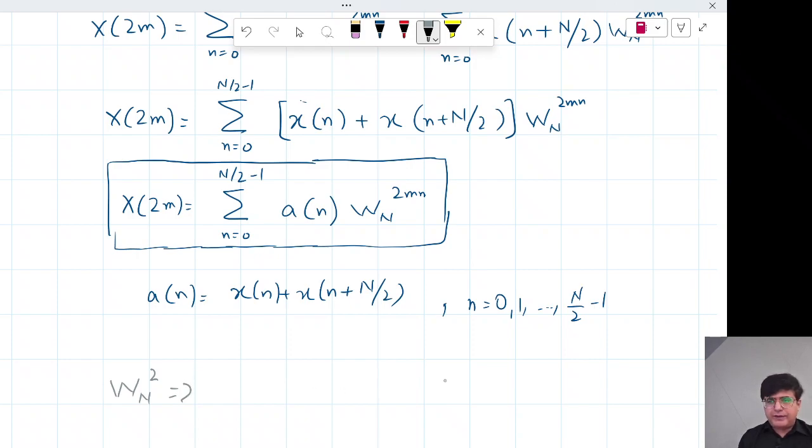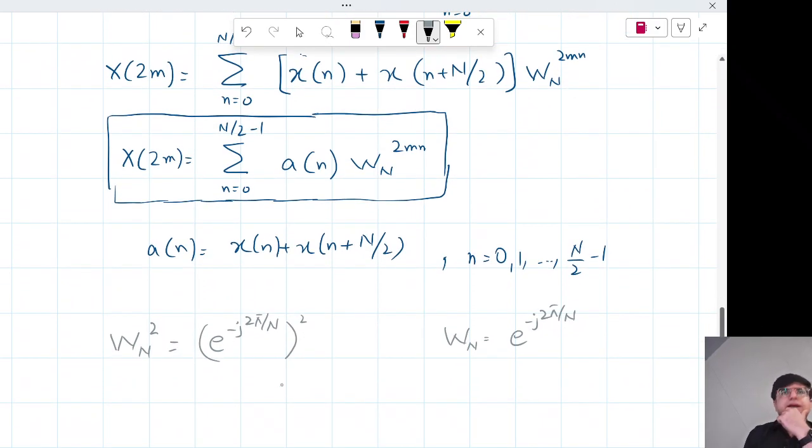Now, we already have chosen W subscript N to be e to the power minus j 2 pi over N. So, W subscript N to the power 2, from the definition that we have had earlier, is just e to the power minus j 2 pi over N, to the power 2. Clear? Or you can also write it as e to the power minus j 2 times 2 pi over N.